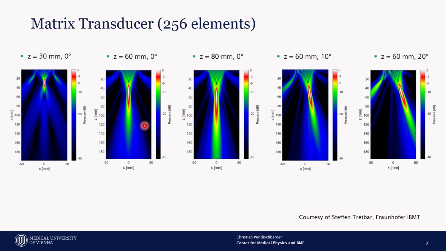So there are 256 elements, and you have 256 individual channels that you drive individually. So you can change phases and amplitudes in these different channels. And with this, you can very nicely change not only the depth at which you are stimulating, you can actually also vary the angle.